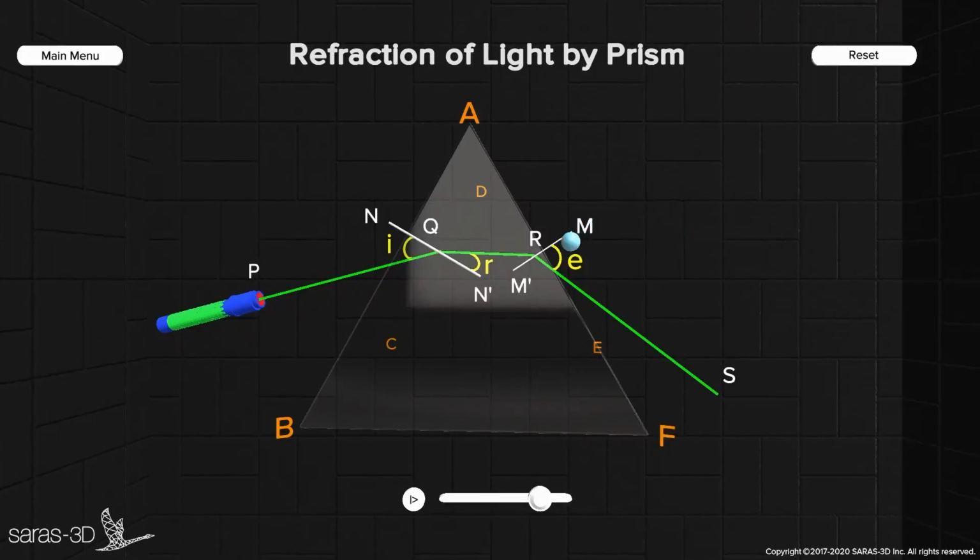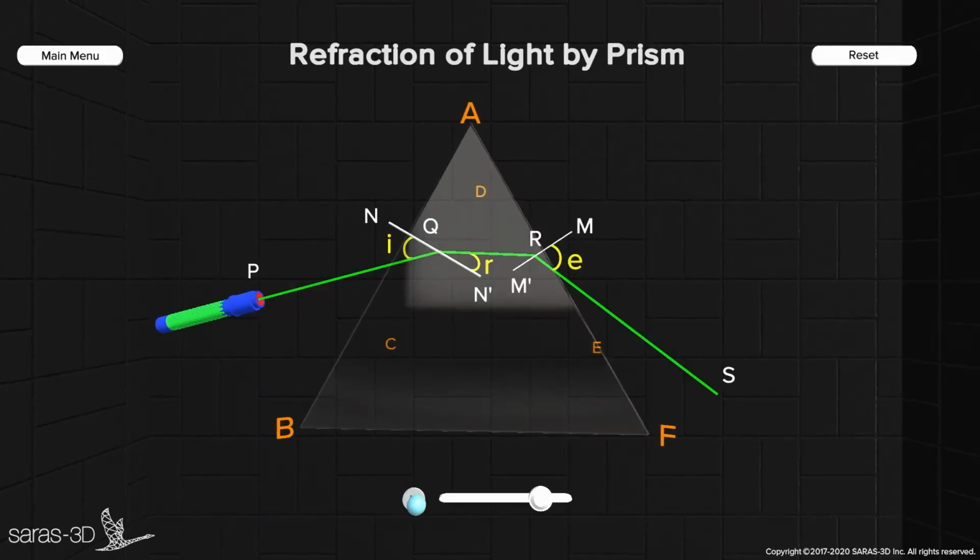Let's say that the angle made by this emergent ray RS with the normal at the point of emergence R is E, where MM dash is the normal. Angle E is known as angle of emergence. You can see that the incident ray and the emergent ray are nowhere parallel. And you can say the emergent ray gets deviated.